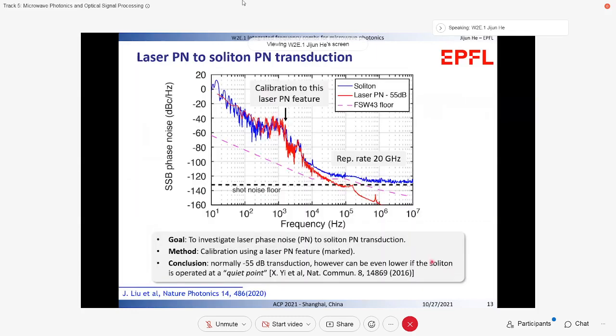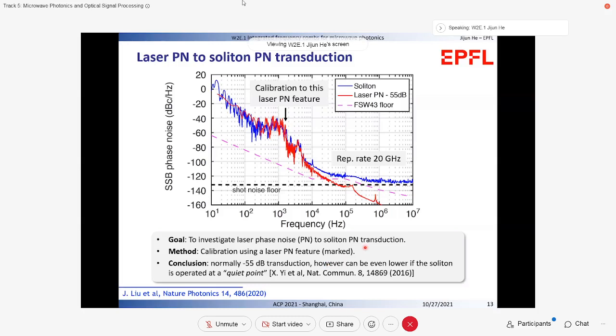So first, we investigate the laser phase noise to soliton phase noise transduction. Since the Toptica laser has a typical feature around 3 kilohertz, by comparing this feature in both laser phase noise and soliton phase noise, a minus 15.5 dB optical-to-microwave phase transduction is determined, which should come from the conversion of the detuning fluctuation to repetition rate fluctuation.